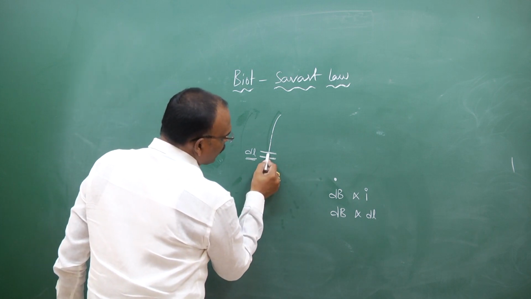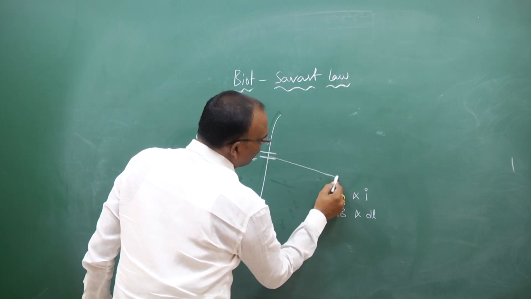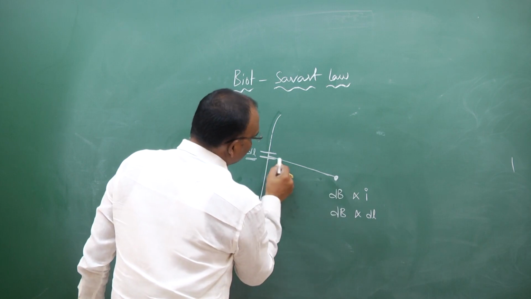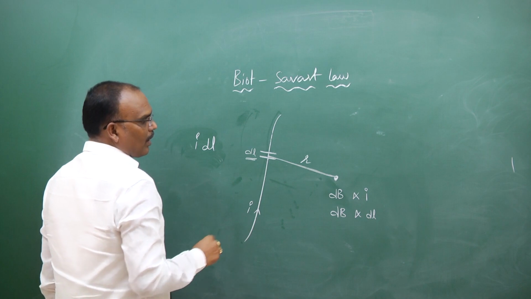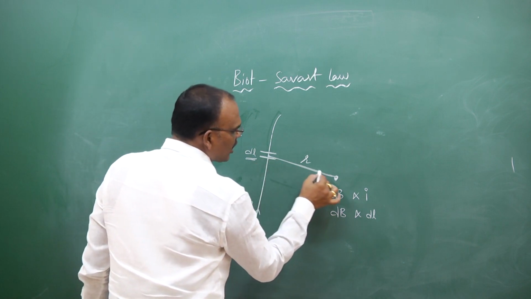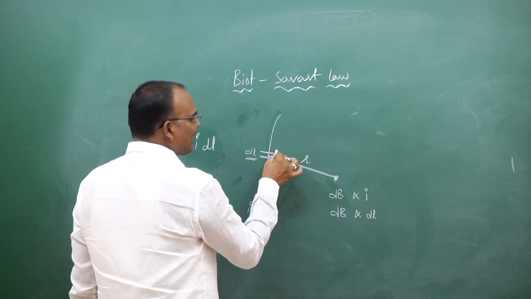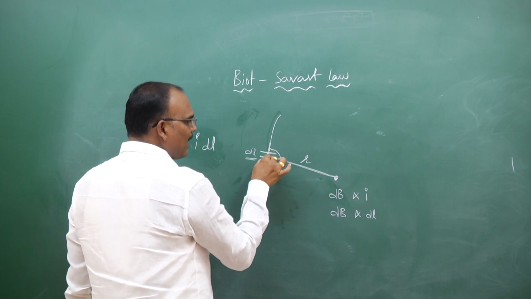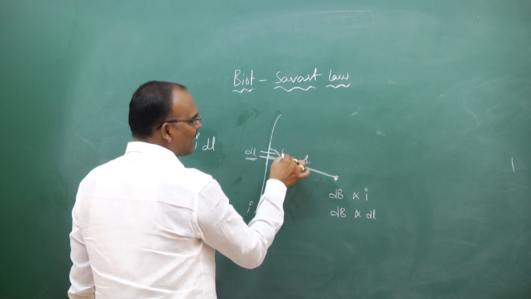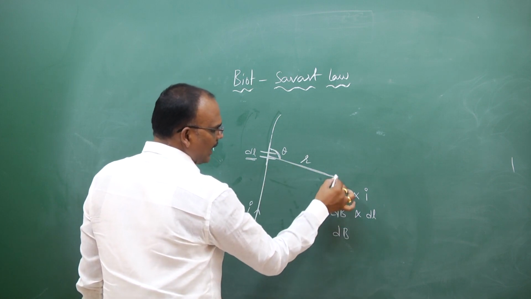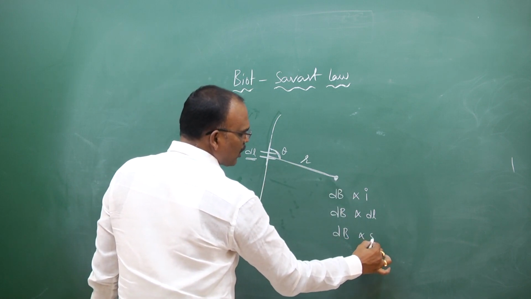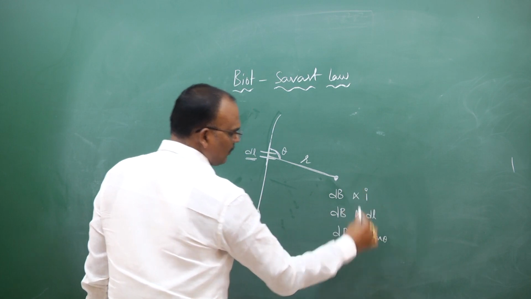So now we are going to join the elemental portion with the point. This distance can be represented as r. And this position vector is going to make a certain angle with this elemental portion. That angle is say theta. So the magnetic field at this point is directly proportional to sine of the angle.